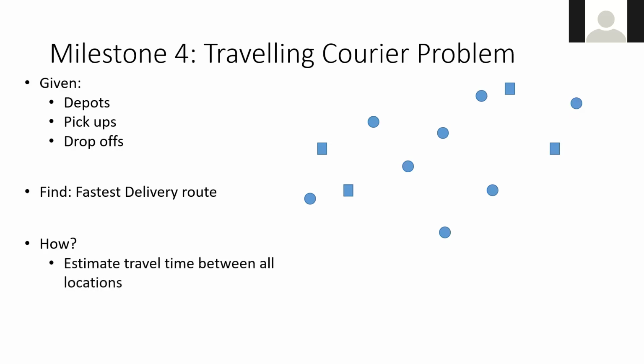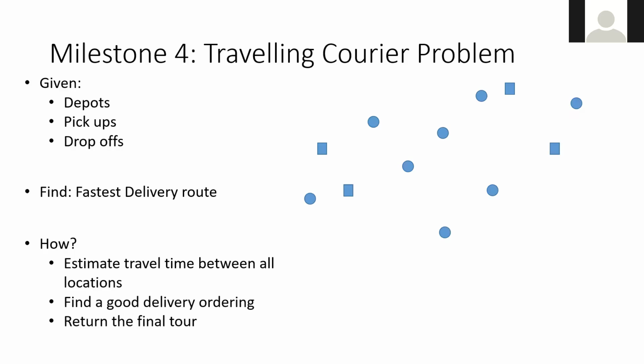The general structure: first you'll have to estimate the travel time between all of the locations so you can have something to start with. And as usual, this happens in preloading so that you can access them all at one time after you store everything. And then you have to find a good delivery ordering and then return the final tour.